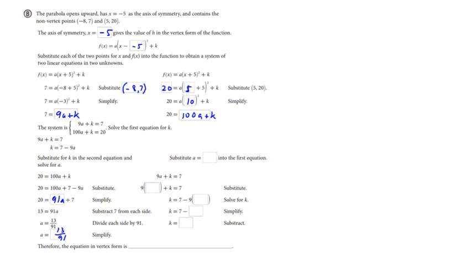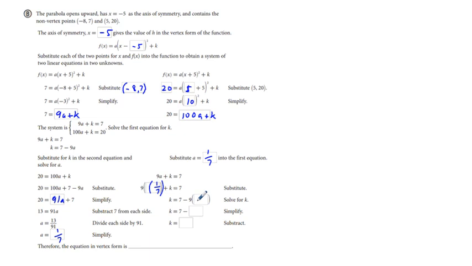I got 13 over 91. That's 1/7. So now we substitute a equals 1/7 into the first equation, and we can work below: 9 times 1/7 plus k equals 7.